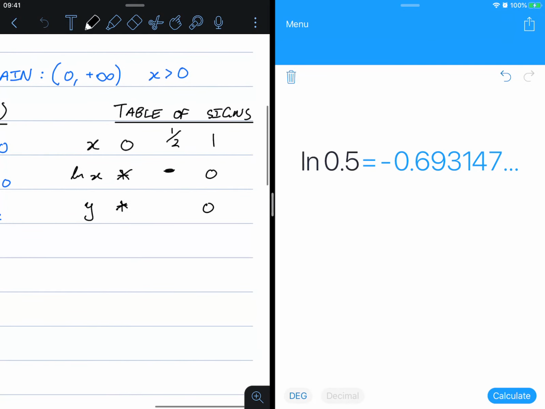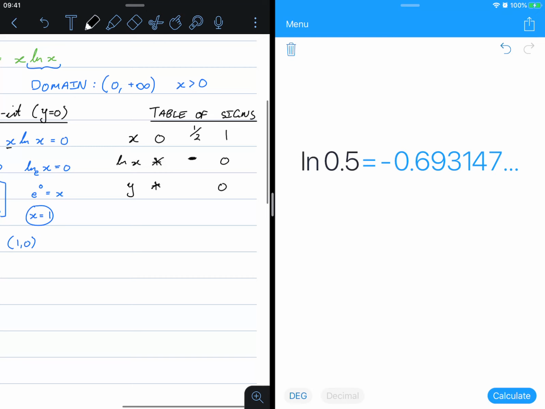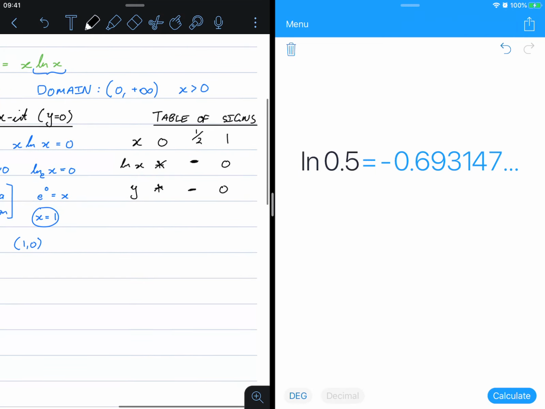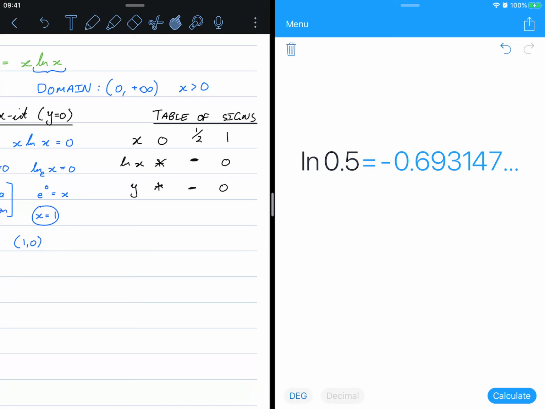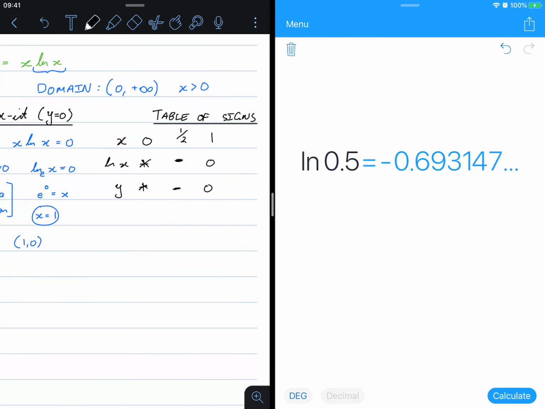Well, this is negative because it's x times ln of x. X is positive, so half times a negative. So this is negative. Let's test one more value. This is going to be now at 2. 2 times ln of 2, that's positive, which means that this is also positive.